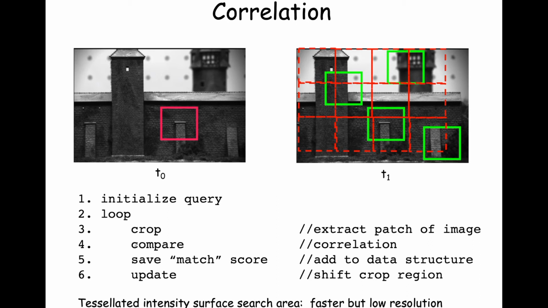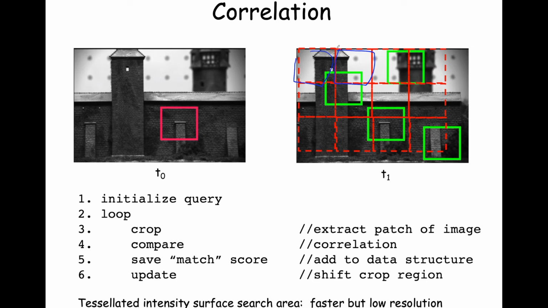And so let's imagine we tessellated the intensity surface so that the target regions in the image at time t1 do not overlap with one another. Well, at the first iteration of that loop, we're going to search the first crop region, then shift and search the next crop region.